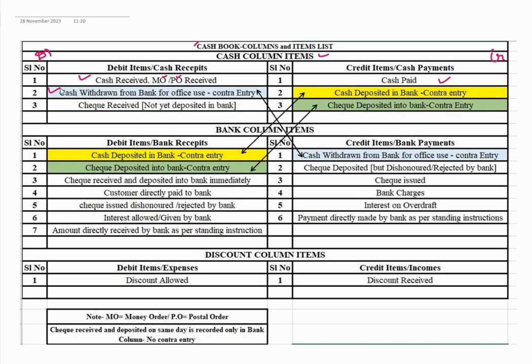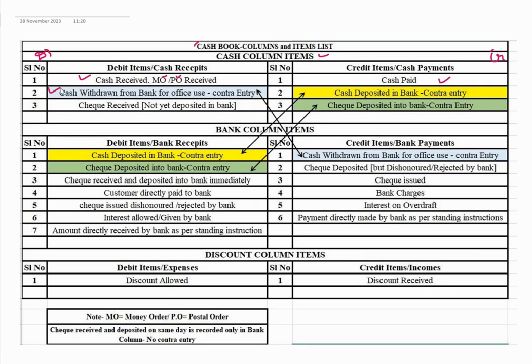Now when we are withdrawing cash from the bank, the cash in our hand is increasing, whereas the money in the bank is decreasing. So we need to record the transaction in both accounts, one in the cash account and another in the bank account, showing that cash in our hand is increasing while the amount in the bank is decreasing.